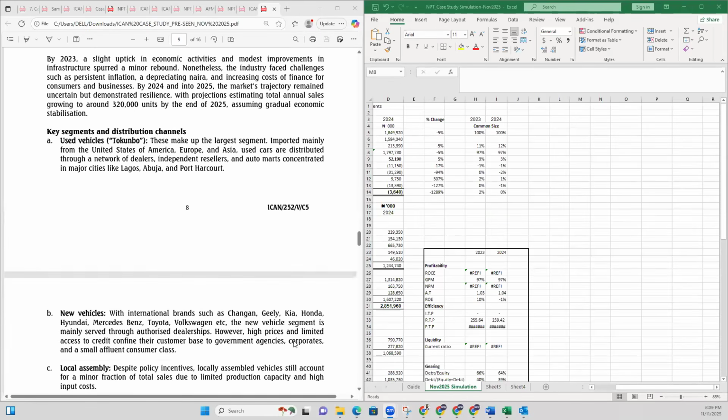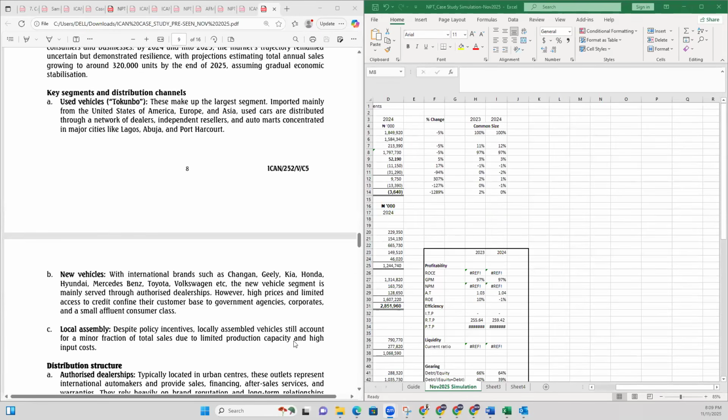These make up the largest segment, imported mainly from the United States of America, Europe, and Asia. Used cars are distributed through a network of dealers, independent resellers, and automarts concentrated in major cities like Lagos, Abuja, and Port Harcourt. B. New vehicles.